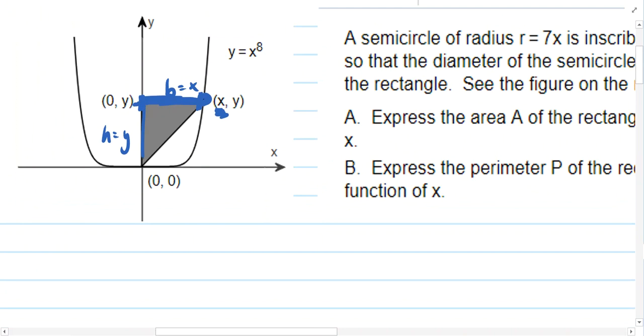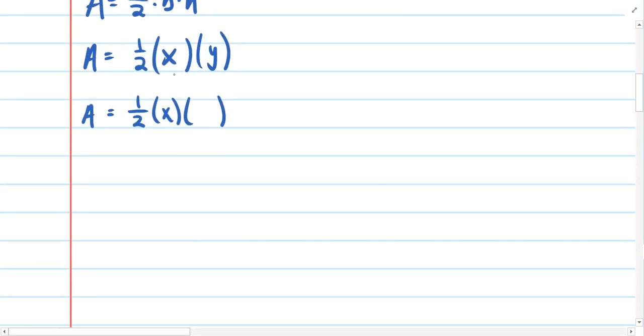Well, since we were told that this triangle's height, this height above the x-axis, is determined by its position along this curve, the y component along this curve is simply defined as the x component raised to the 8th power. So we can now say that the y component is really the same as x to the 8th power, and now we have an equation that describes the area of this triangle based on only one measurement, the x value.